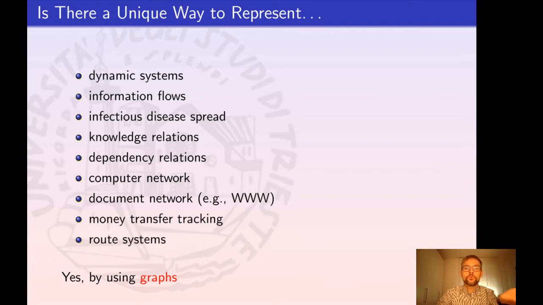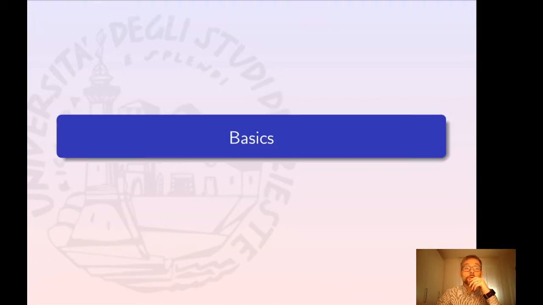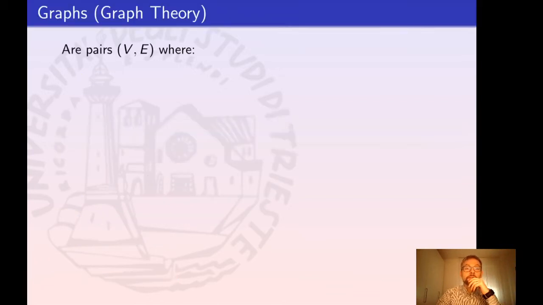and just to recall the meaning of graph, we saw it at the very beginning of this course. I gave you some pieces of information on what a graph is and how it's built from the graph theoretic point of view. Let's have a recap of it, just to be sure that no one missed anything.